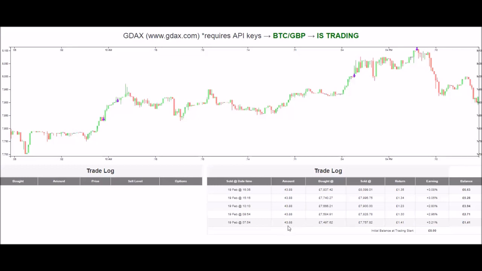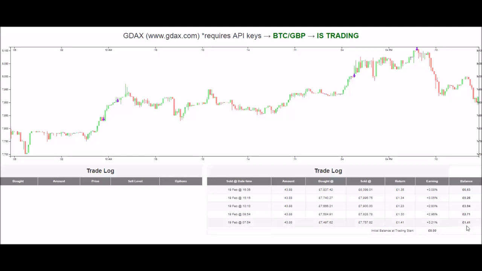That is a tenth, because the initial strategy I set up was that the initial pot, which was £438, I split equally into 10 little pots, if you like. So it's trading with 10 times £43. It bought Bitcoin at that price, and then it sold once it had risen, and it made me £1.41, which was a 3.21% increase on the £43.88 here.